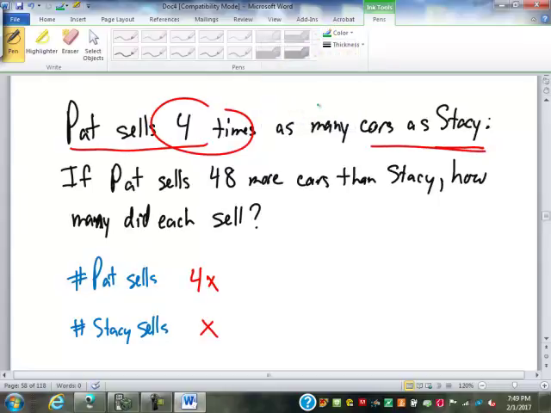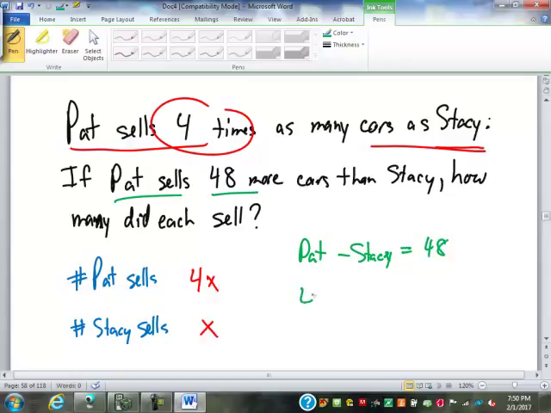Now in the last one, we added the two together. In this one, what do we have to do? Subtract them, yes. Pat sells 48 more. In other words, Pat minus Stacy equals 48. Or you could say Pat equals Stacy plus 48. That's another way you can do it.